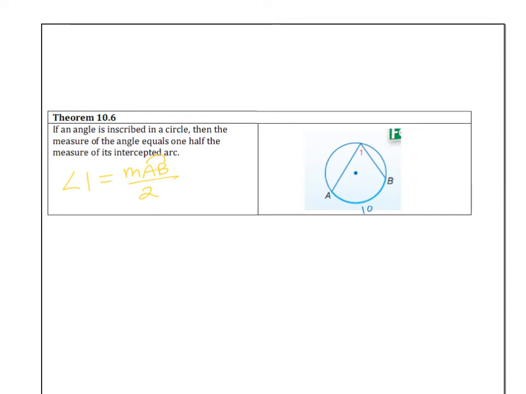Let's say this arc is 100 degrees from A to B. Then this angle would be 50 degrees. It would be half as much if it's an inscribed angle. But if it was a central angle, like this one, then it would be 100 degrees. So it really depends where the corner of the angle is. If it's at the center, it's the same as the arc. If it's on the circle, then it's half of the arc.